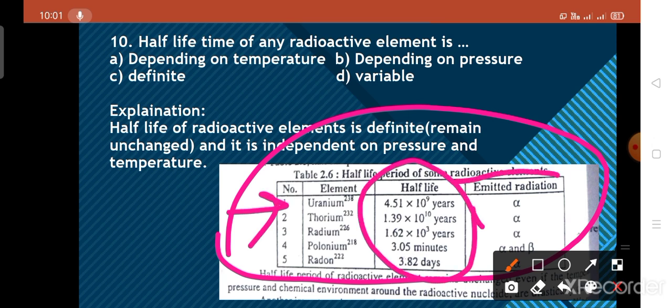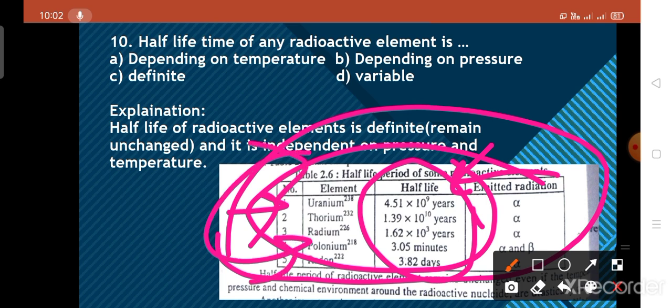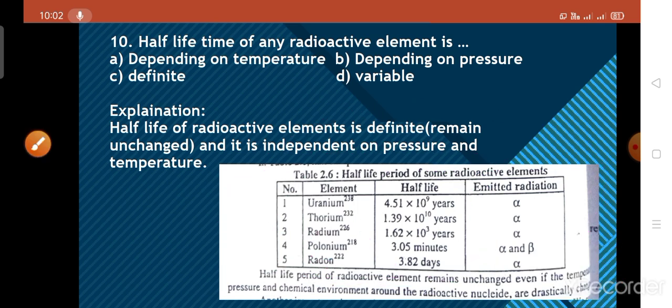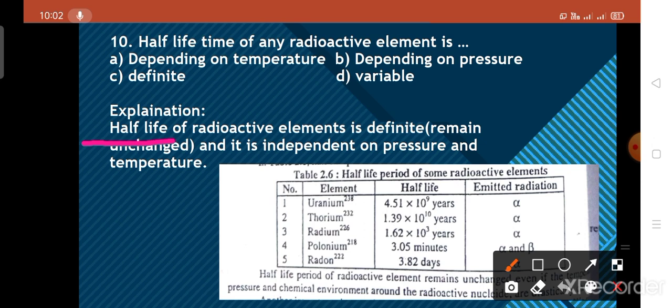The first example, uranium 238, has a half-life time of 4.51 into 10 to the 9 years. So the half-life time of every radioactive element is fixed, means definite or unchanged, and it is independent of pressure and temperature.